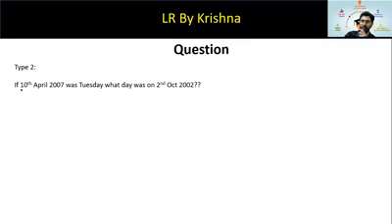So in this it is given 10th April 2007 was Tuesday. So what was 2nd October 2002? How to do this question? Again, same approach. Everything will be same. Just use normal logic. How should I do it? No new concept here. Just try it out.